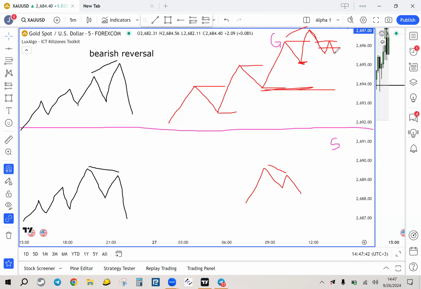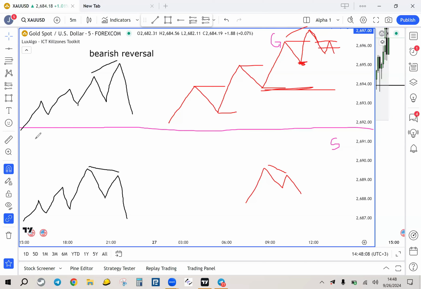Because this is a bearish reversal divergence, it means that price will not respect what it should respect in a bullish market, which is what? Lows. It's not going to respect the lows anymore. So there's a very big likelihood that the previous higher low that has been formed is going to be a drawn liquidity.